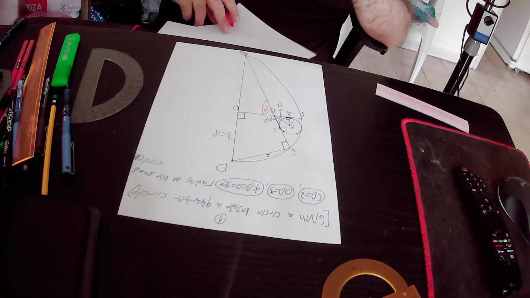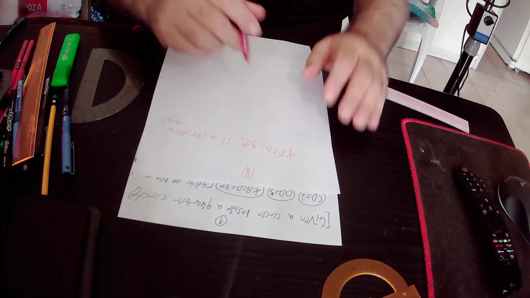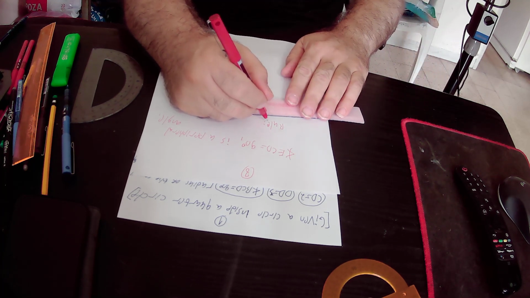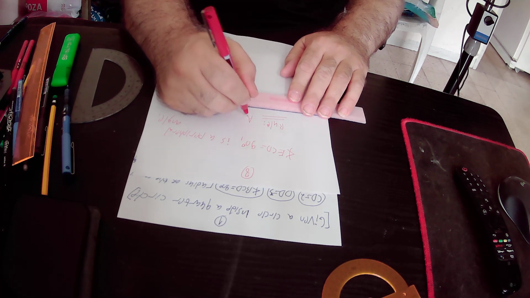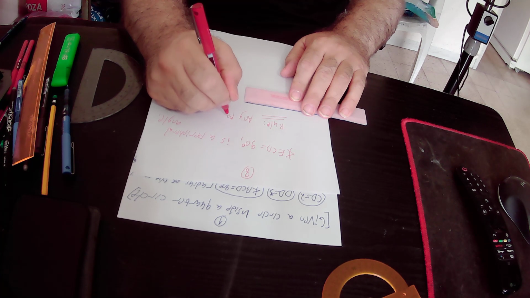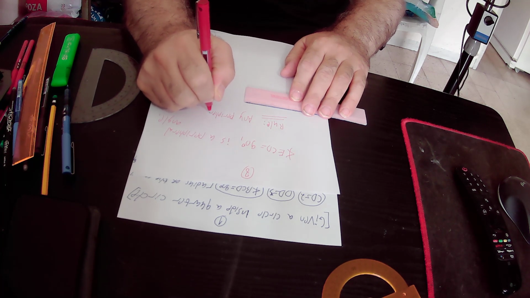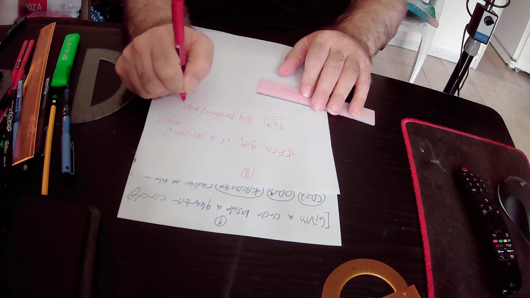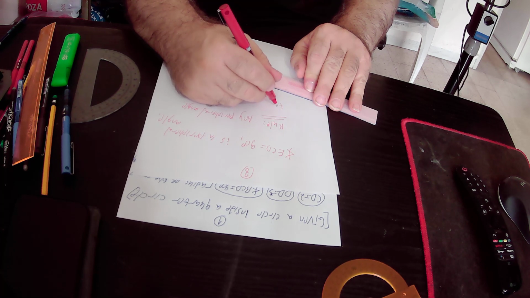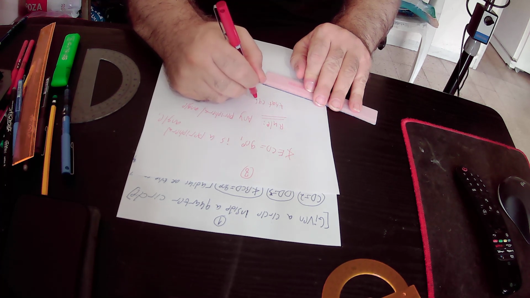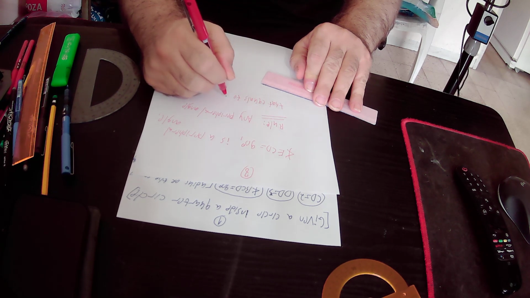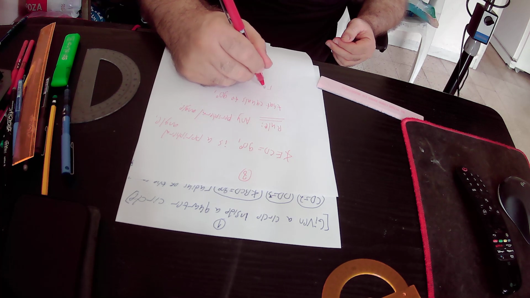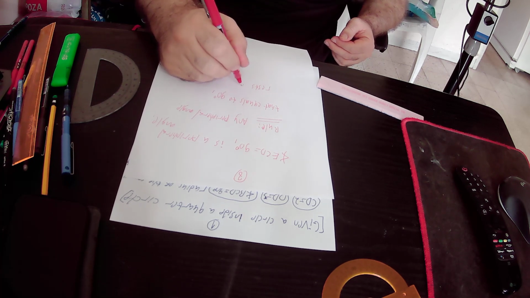Okay, and we have a rule. The rule states that any peripheral angle that equals 90 degrees rests on the diameter of the circle.